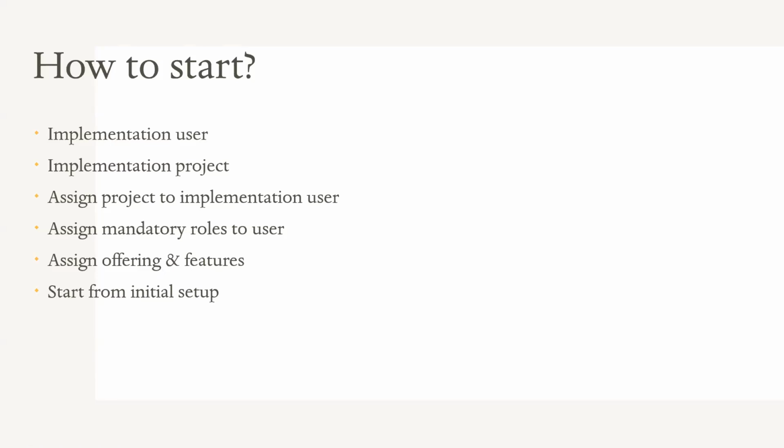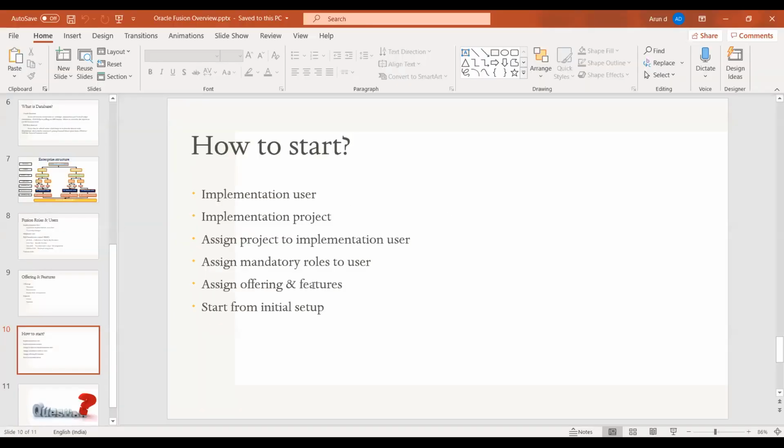Migration activity is the big flow, whereas the initial setups are very small things, so we cannot relate data migration with this one. This is just opening of an implementation. Maybe I'll show in the system so that we will have a better understanding.